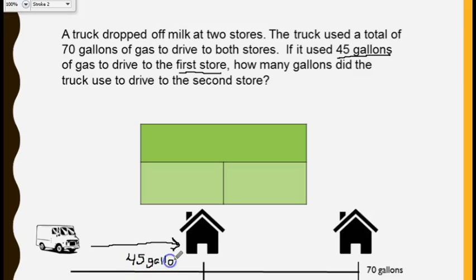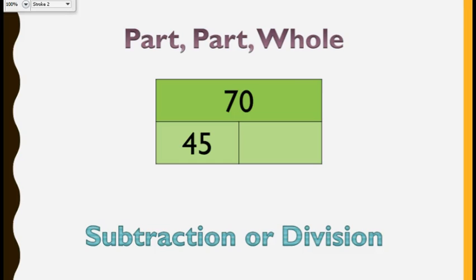Okay, so now let's figure out with our part-whole chart, what information did they give us? We know that he used a total of 70, so there's your whole, and we know this part right here, but we don't know this part. So on our chart, it's going to look like this.